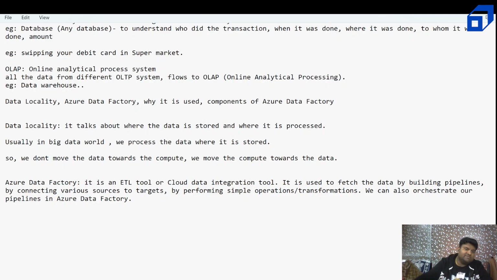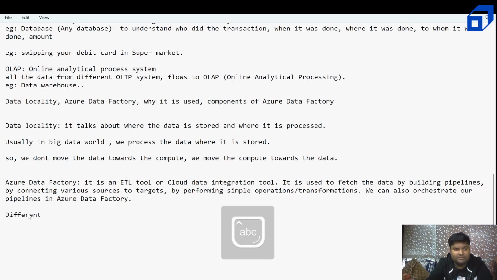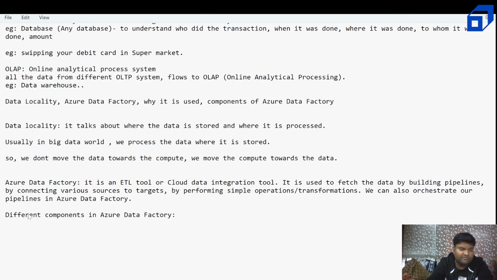Now I'll discuss the different components in Azure Data Factory. We'll talk about many. I'll be talking about the main components in Azure Data Factory. Tomorrow in Module 4, we'll be discussing different components and concepts under Azure Data Factory, and then we'll try to build one project also in depth.